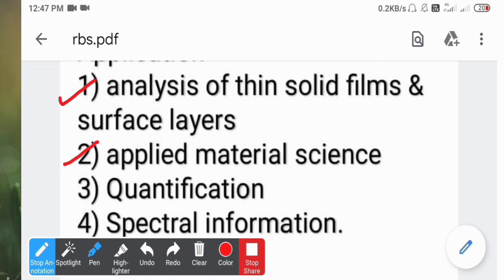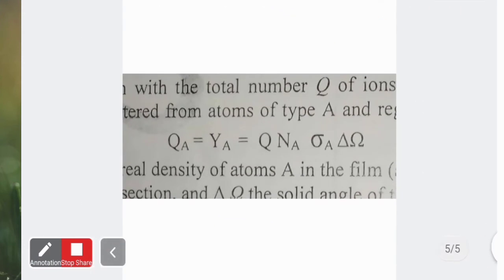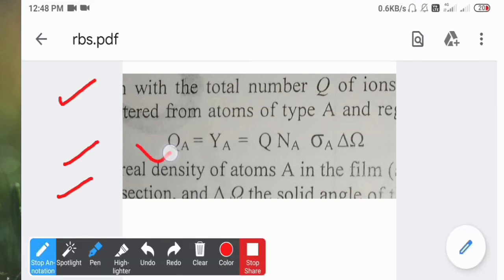Next is quantification. We have seen the qualitative analysis; for quantitative analysis we use one formula, used for the quantitative determination of the ion. Here Qa is the number of backscattered particles of a particular ion or atom.